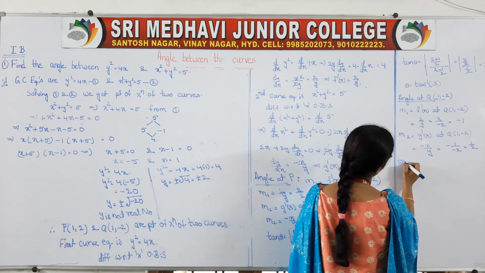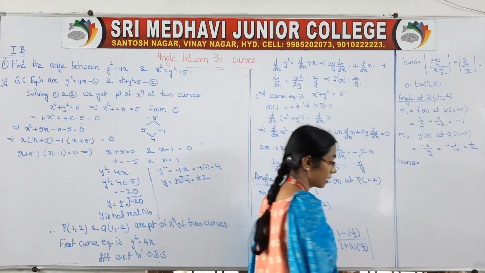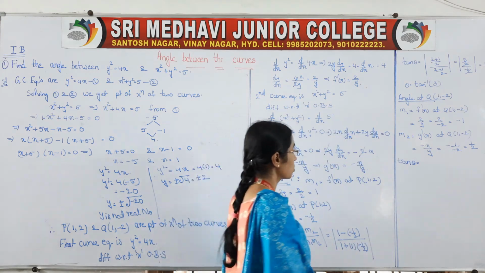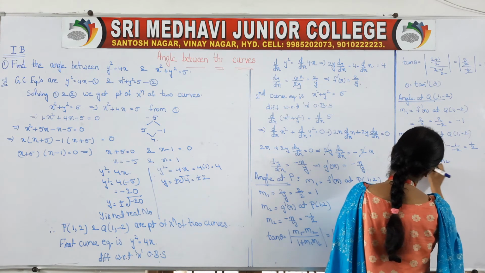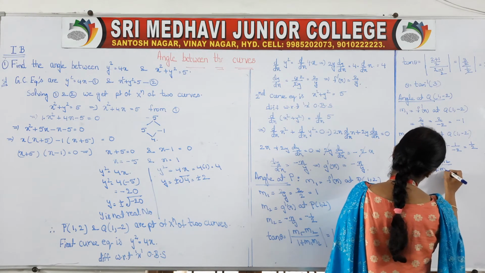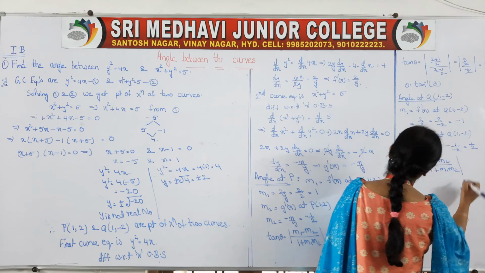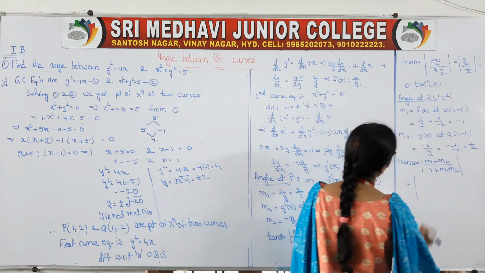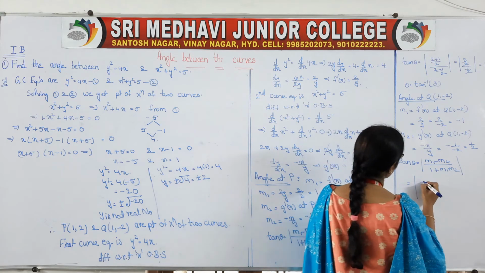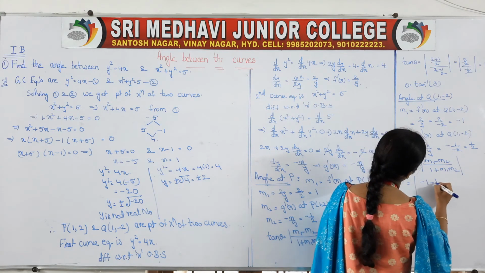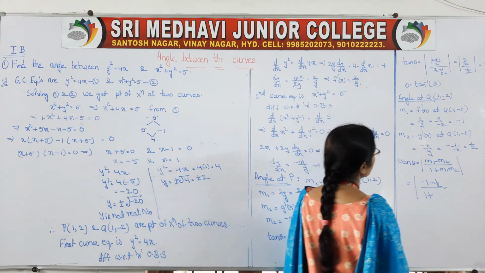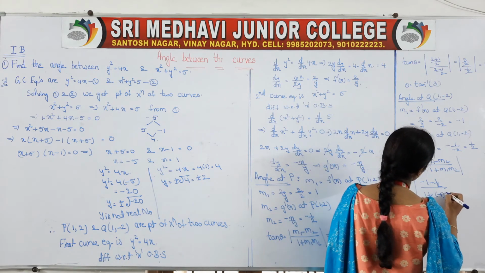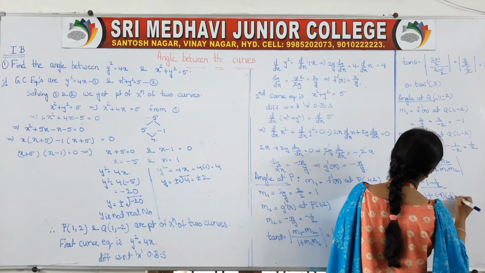Therefore, to find the angle, tan theta is equal to modulus of (M1 minus M2) by (1 plus M1 M2). M1 is minus 1, M2 is 1 by 2.